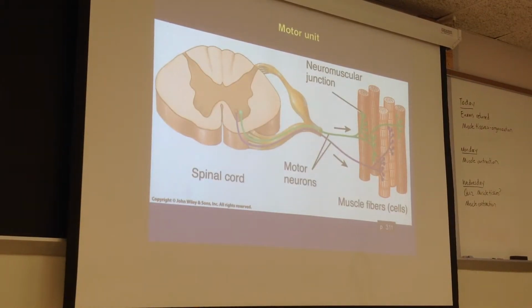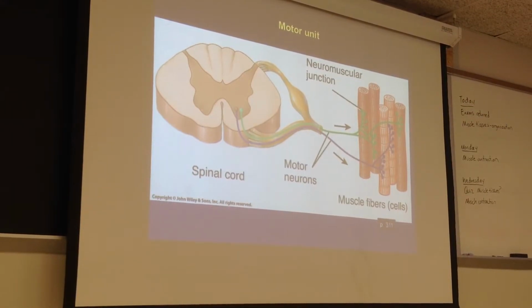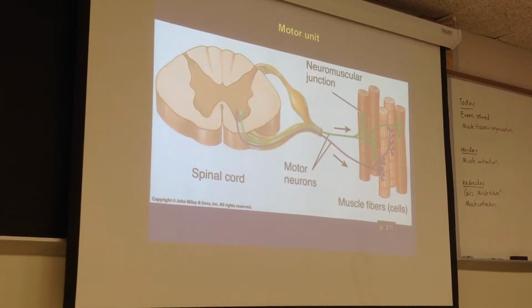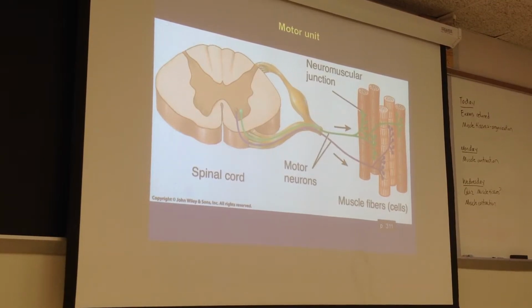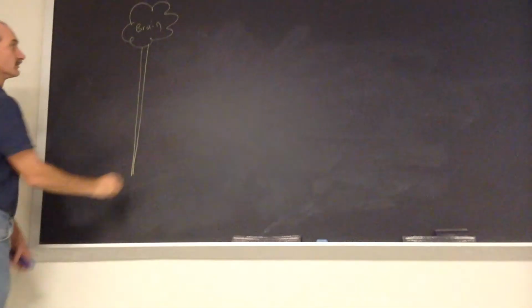Let's talk about this idea of a motor unit just for a minute. It's related to how nerves are associated with muscles. And I need to make a diagram here of a motor unit. What is a motor unit? Well, first of all, here's my diagram. Here's a brain, not part of our motor unit yet, and here's a spinal cord coming down from our brain.